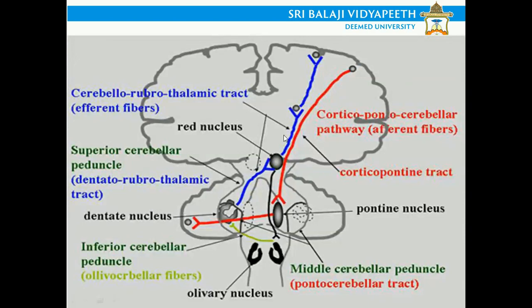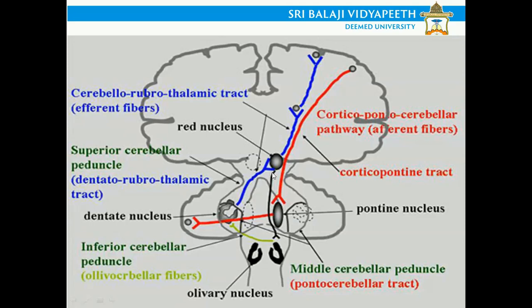This is again an image that shows the rubrospinal tract. This is the rubrospinal tract, and this is the dentate nucleus, the superior cerebellar peduncle with its connections. These are the corticopontine fibers from the cortex to the pons, and these are the cortico-rubrothalamic fibers from the cerebral cortex through the thalamus. It is coming through the cerebellum.